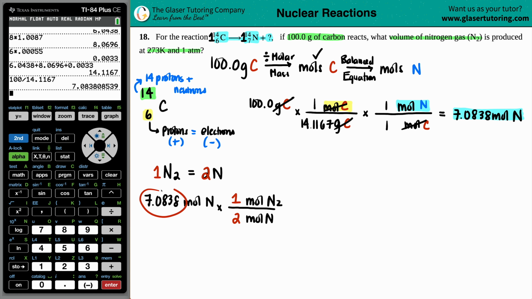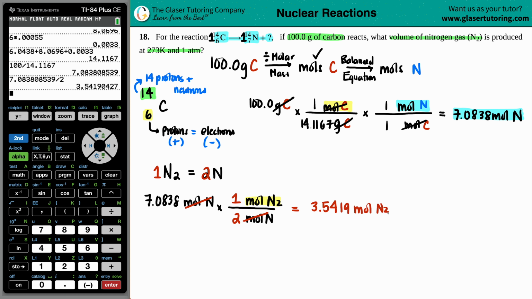So I have to take this value and just divide it by 2. And now I have the moles of N2. So I'm just going to take the whole number here and divide by 2. Beautiful. So now I have 3.5419 moles of N2.